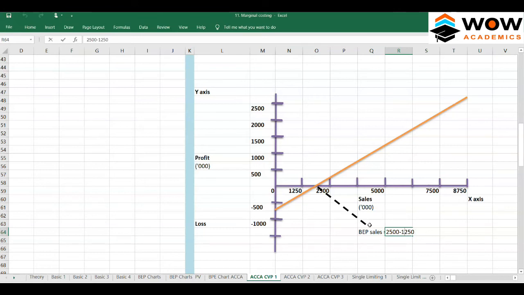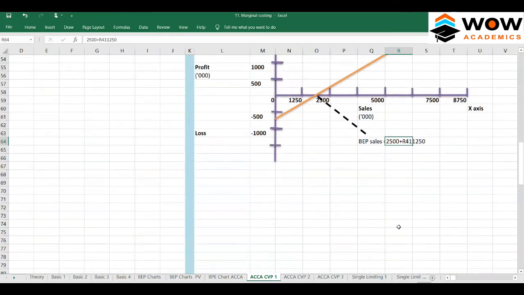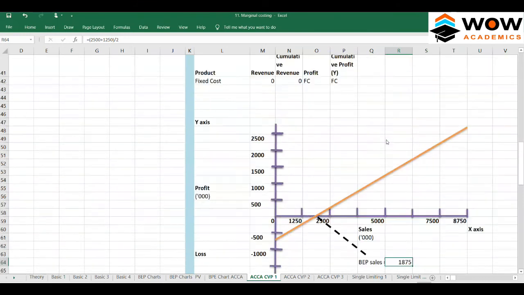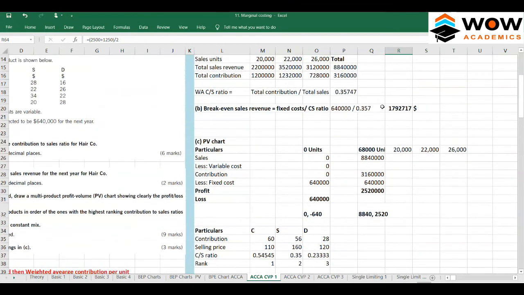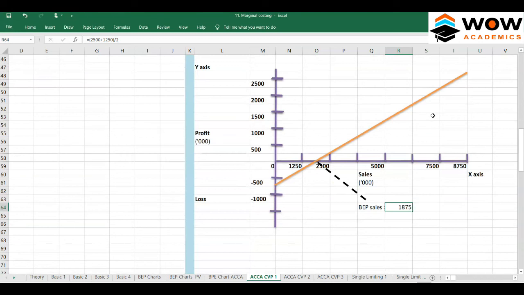If you take it averagely, it's around 1875 BEP units. Is it right? Yes, it's around here. We can't get the exact answer because it's not an exact graph. So that's about the first line.